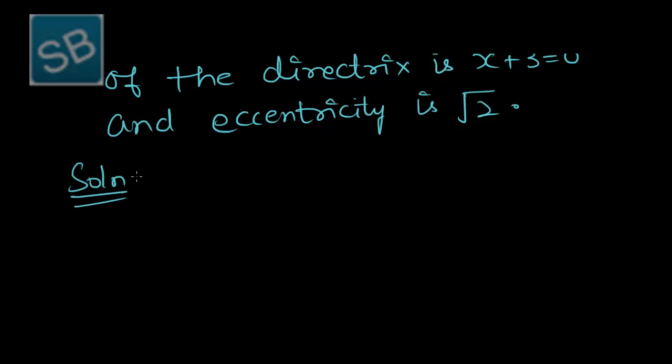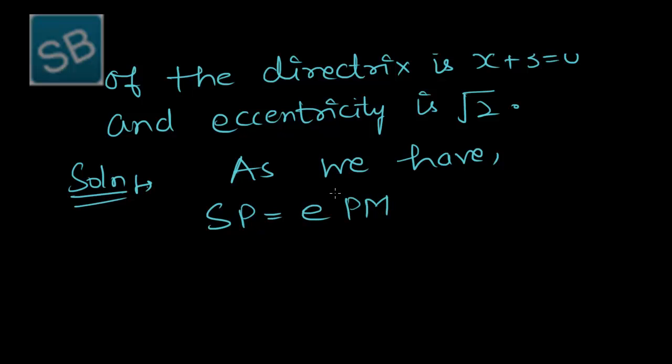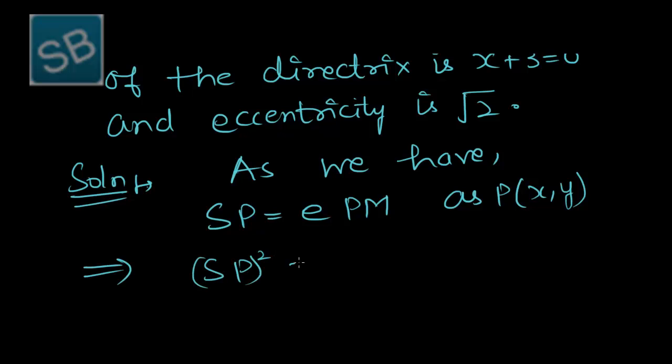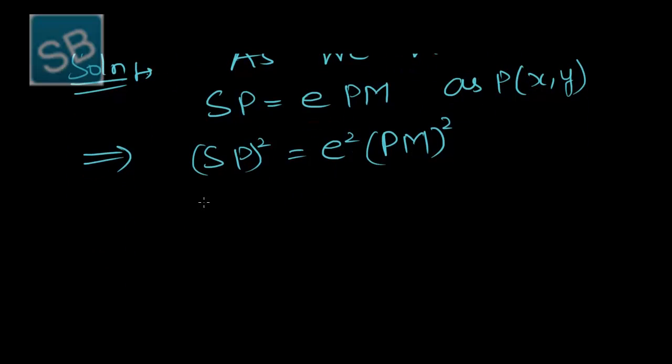Now the solution is, as we have SP is equal to e times PM, as we suppose P is a point on the hyperbola with coordinates (x, y). That gives SP square is equal to e square PM square, where PM is the perpendicular distance of P from the directrix x plus 3, and here S is (0, 1).